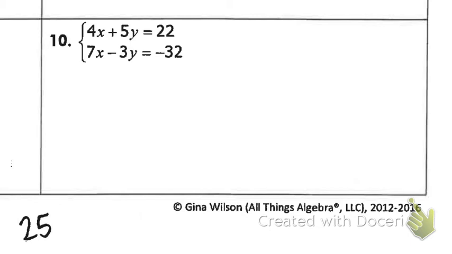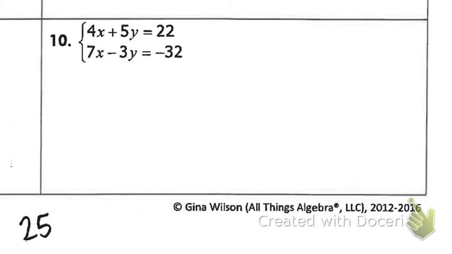So for 10, do we have anything that's going to cancel out easily the way it's written? Is 4 plus 7 going to equal 0? Is 5 plus negative 3 going to equal 0? No. So we need to multiply these by something so that we get a coefficient that is the same number but opposite signs.